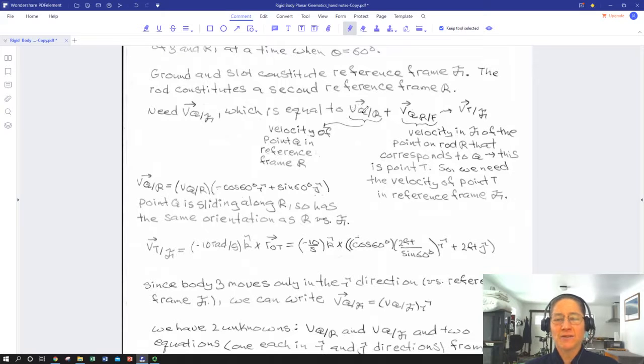So again, velocity of Q in R. This is the velocity of point Q in the rod reference frame. You can think about it as if you are on the rod and you're looking at how fast point Q is moving relative to you, it's going to look like it's moving along the rod in a certain direction.